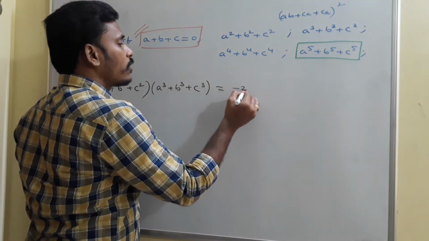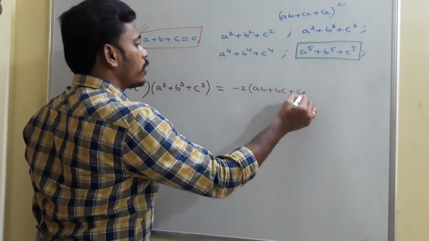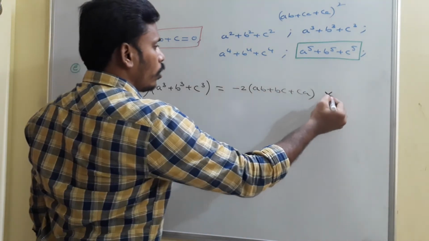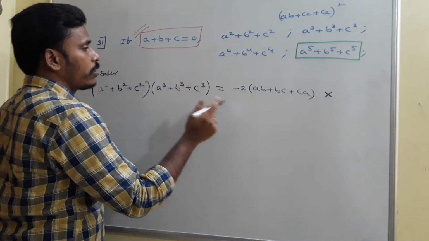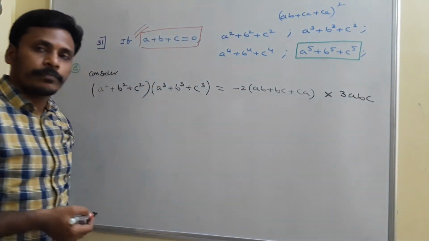We found that it is minus 2 times of ab plus bc plus ca. And what is a cube plus b cube plus c cube? We found it as 3abc.